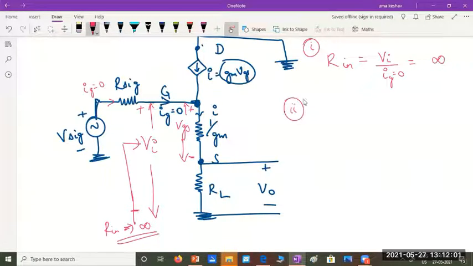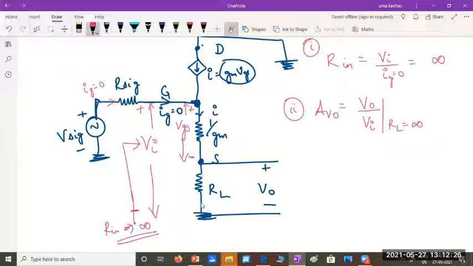Next, let us try to find the voltage gain AVO, V0 by Vi when RL is infinity. What happens if RL is infinity? Can I measure the voltage? How would I measure the voltage if RL is infinity here?